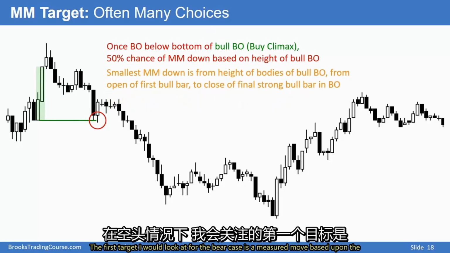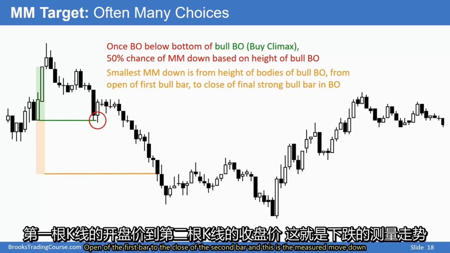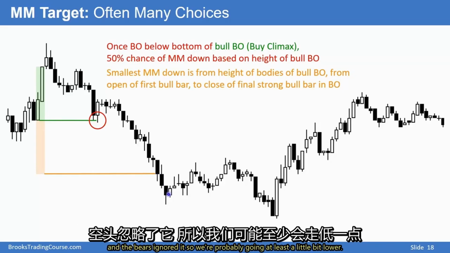The first target I would look at for the bear case is a measured move based upon the height of those two bodies, the bull breakout. Open of the first bar to the close of the second bar. And this is the measured move down, and the bears ignored it, so we're probably going at least a little bit lower.